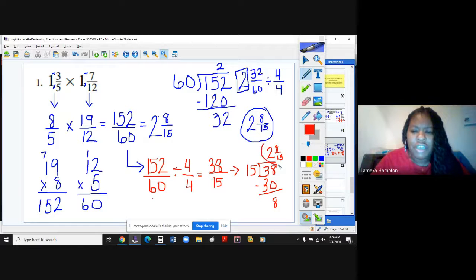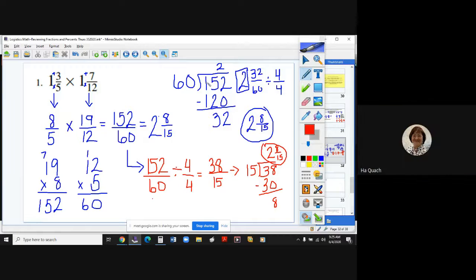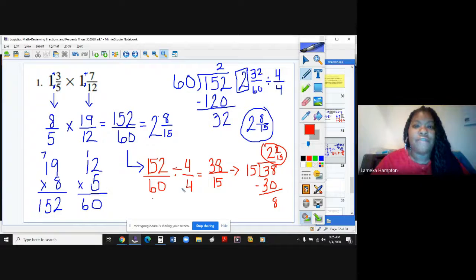So as you can see, I did this problem 2 ways, and I still came up with the same answer. Okay, so it all depends on how comfortable you are. You can divide first and then simplify, or you can simplify first, then divide. It's totally up to you.